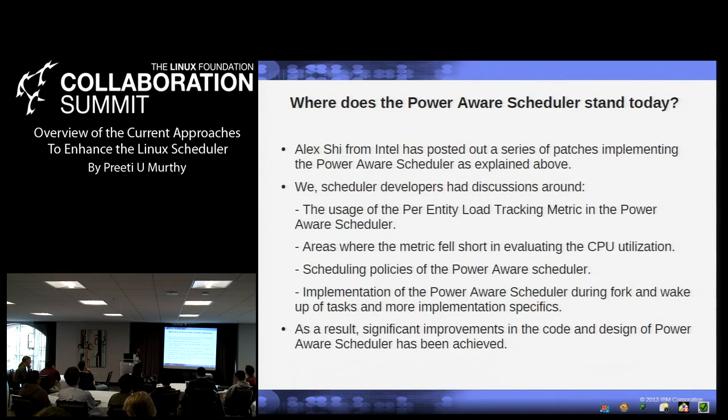Alex Shee from Intel has posted this patch set very recently, and a lot of debates have been going around it. There are a lot of aspects around which we had our discussions. The first few, which I have already mentioned in the slide, are the usage of the metric, and where it fell short. Now coming to scheduling policies, there was a debate around whether you would like to consolidate tasks at the CPU level also, that is, pack across hardware threads.